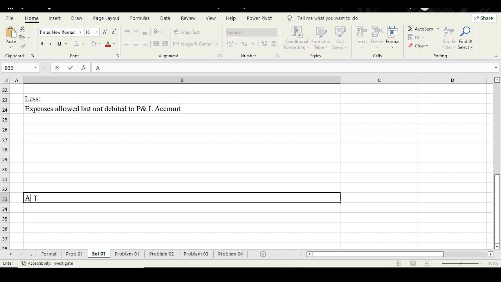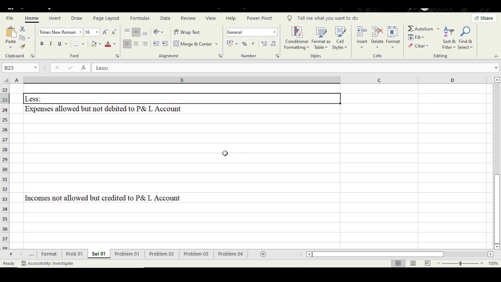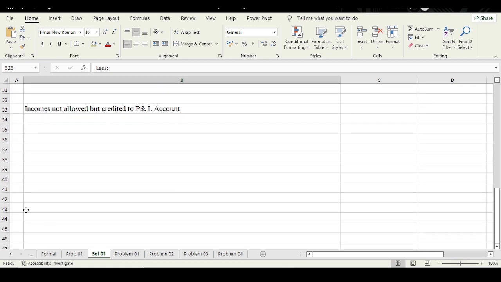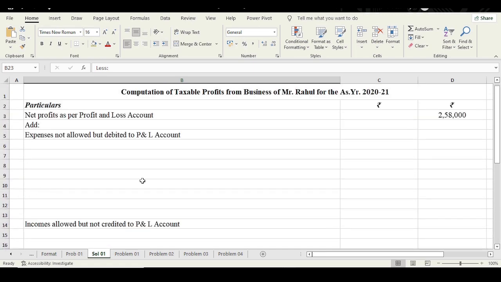There is one more item that we need to deduct, that is incomes not allowed but already credited to P&L account. So these are the items that we are going to deduct. And then we also have to take into consideration undervaluation and overvaluation of stock. We will do it a little later.